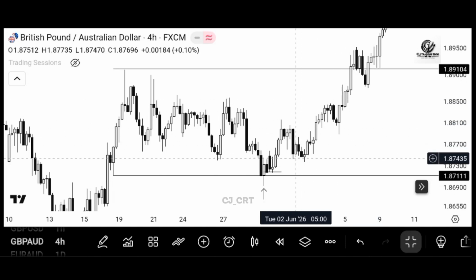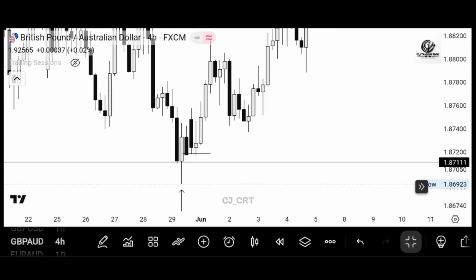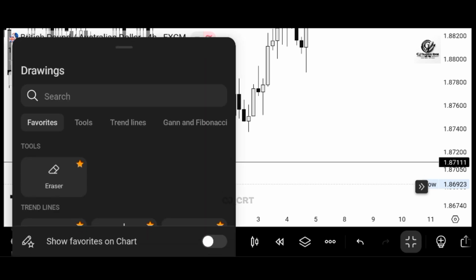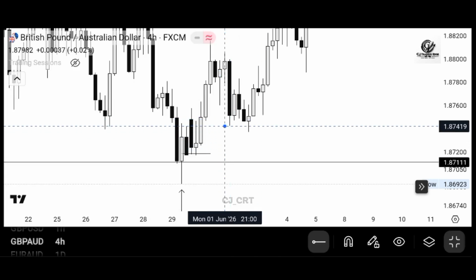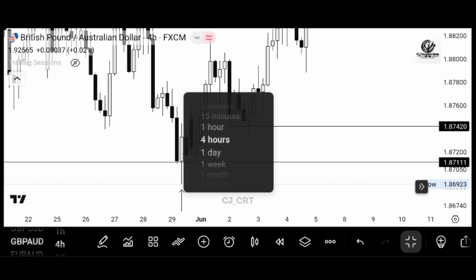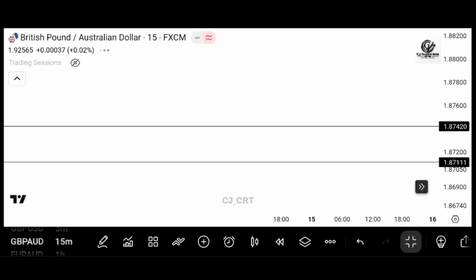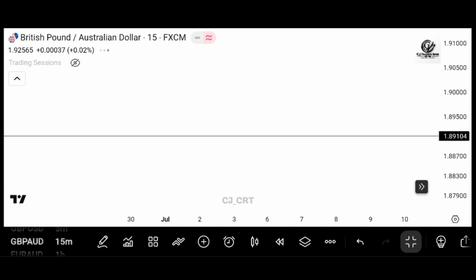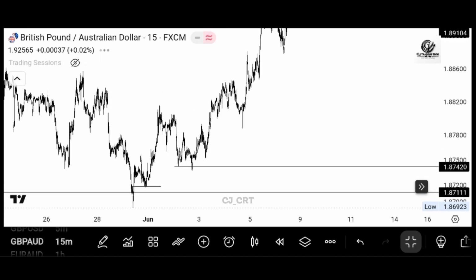So I caught this particular trade. I dropped down to my 15 minutes time frame.